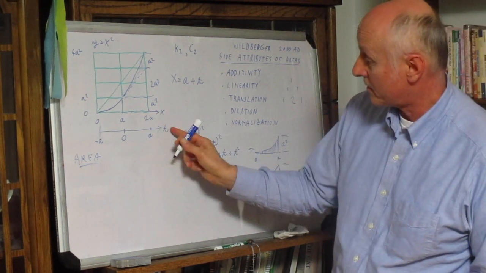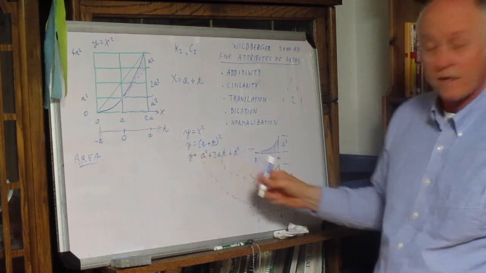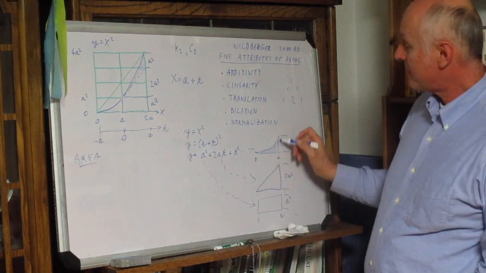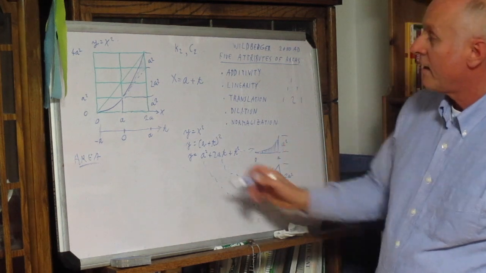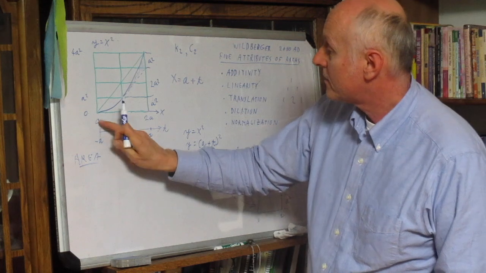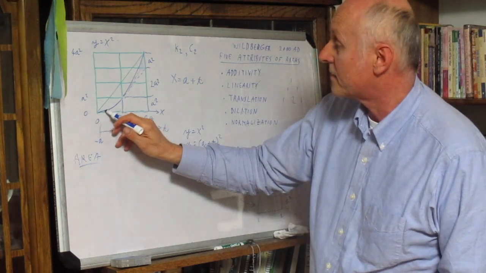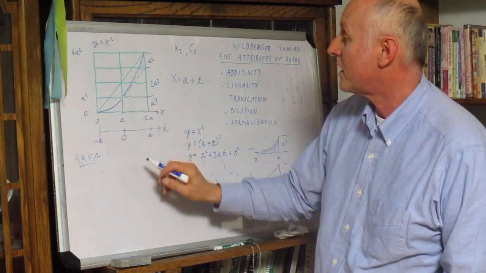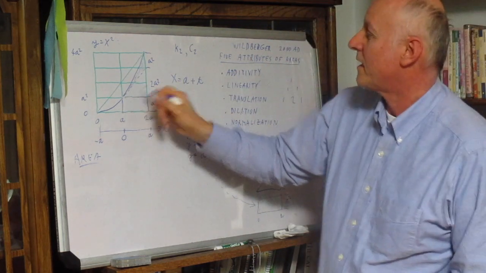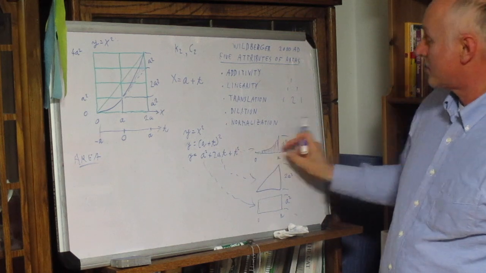Okay? Here's our t-axis, 0 to a, right? Notice that it's the same thing as this x going from 0 to a on the x-axis. It's the identical shape. Here we call it x squared, here we call it t squared.